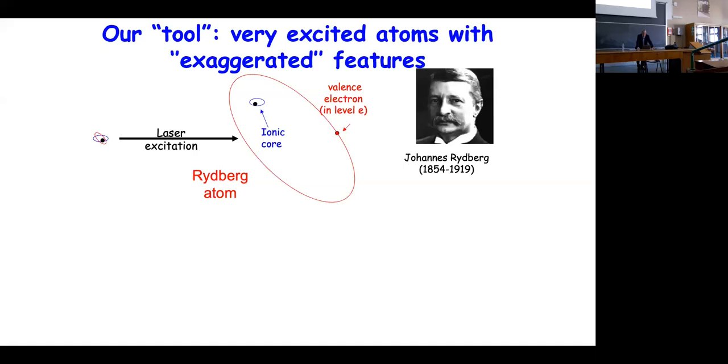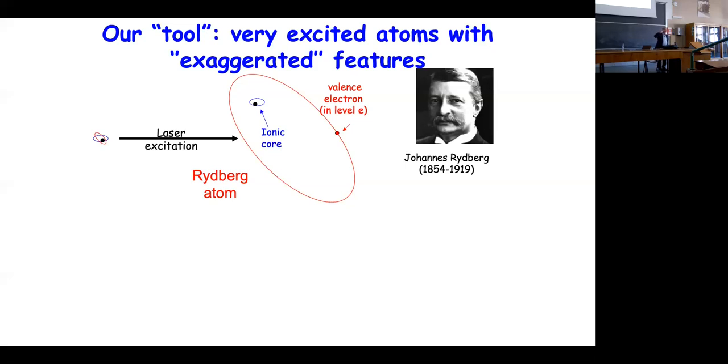So first of all, when I started this line of research 30 or 35 years ago, I was primarily interested in Rydberg atoms. It was a time when lasers had become well developed enough so that you could excite, with very narrow band light, atoms very close to the ionization limit.